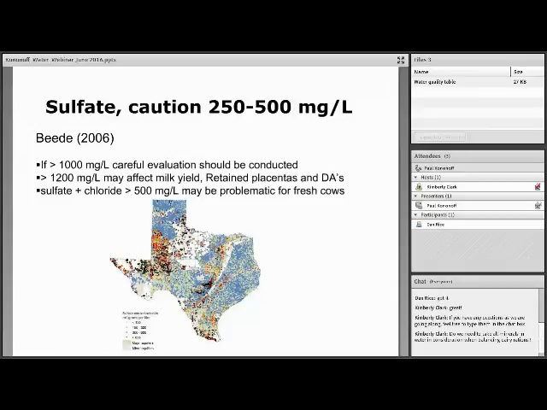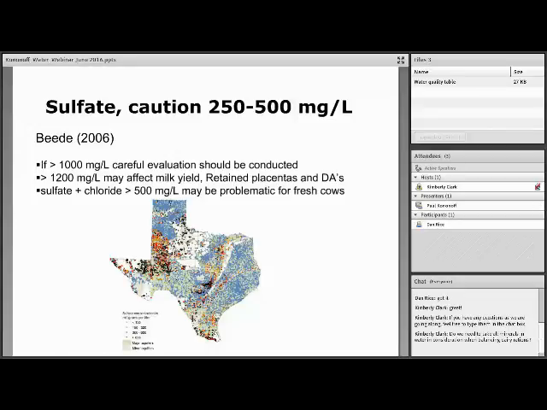Through his field experiences, he's seen that anything greater than 1,200 milligrams per liter may negatively affect milk yield, but may also result in fresh cow problems, specifically retained placentas and DAs. And so he's also got a thumbnail rule of sulfate plus chloride. If it's greater than 500 milligrams per liter, you may have problems with your fresh cows.